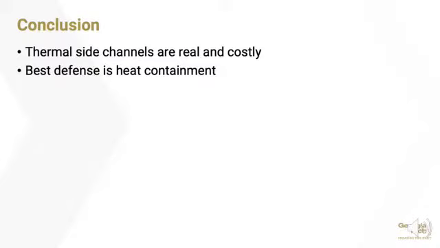The best defense to prevent thermal side channel power attacks is to implement heat containment strategy in your data center. Just basically sectioning off the hot and cold aisles in the data center to prevent heat recirculation.